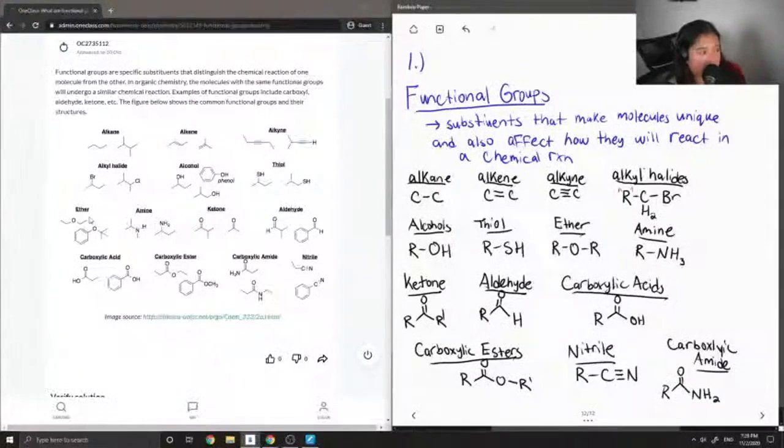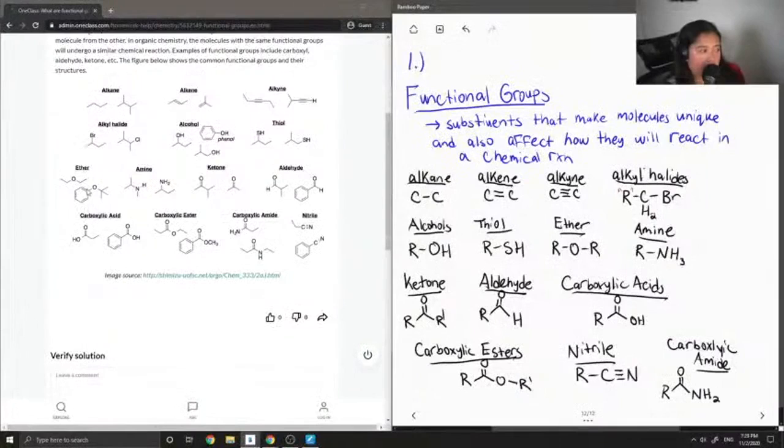Alcohols, thiols, esters, which is kind of cool. They show how you can have a benzyl ring as an ether. Your amines, so this can be a secondary amine or a tertiary amine. Here they showed a primary and a secondary amine.